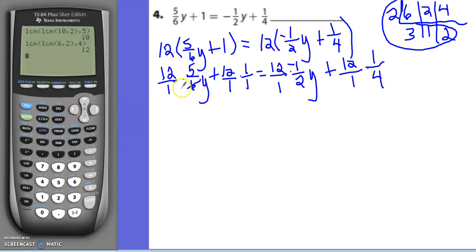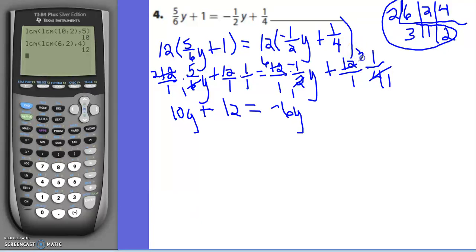Here the 6 can cancel out with 12 and 2. 2 times 5 is 10y. 12 times 1 is 12. The 2 and the 12 can cancel out by 1 and 6. You get negative 6y. The 4 and the 12 can cancel out to 3.